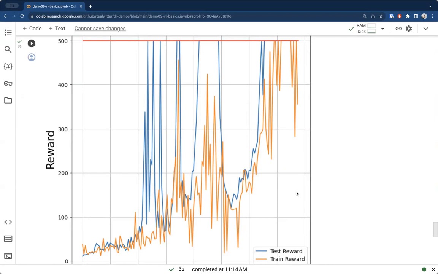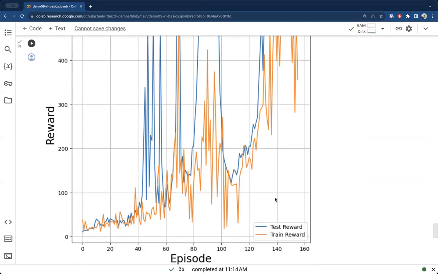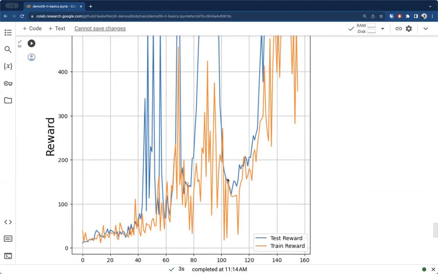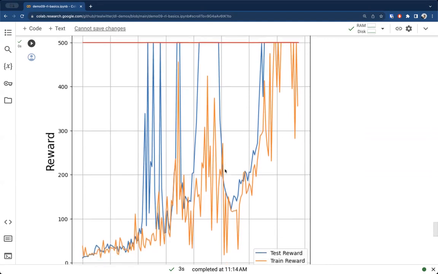If we're trying to get out of a maze, the only thing we care about is whether we're able to get out at the end. So, because of this, there's lots of randomness in whether we get the reward value or not, which is why we're seeing the very jagged performance that we see for the testing reward and the training reward that we're getting here. But it does increase over time, and it looks like we're doing some learning.